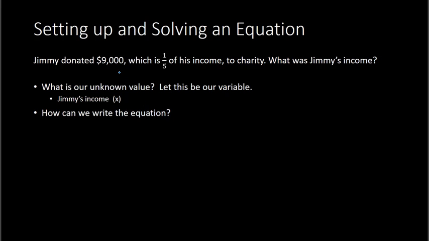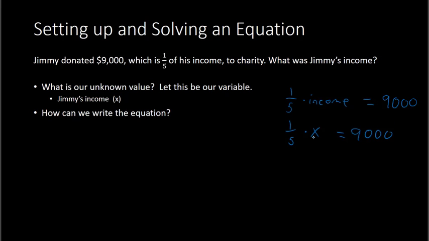So we know that Jimmy donated $9,000, which is 1/5 of his income. So 1/5 times his income, 1/5 of it is equal to $9,000. His income was our variable, so that was x. So we have 1/5 times his income, or times x, equaling $9,000.